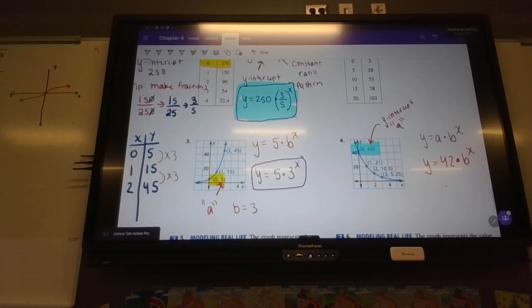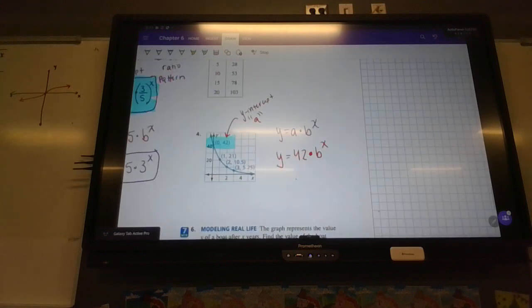What do we think the b value is? This one's a little more obvious to me than the other ones have been. So for dividing by 2, we're actually gonna look at it as timesing by 1/2.